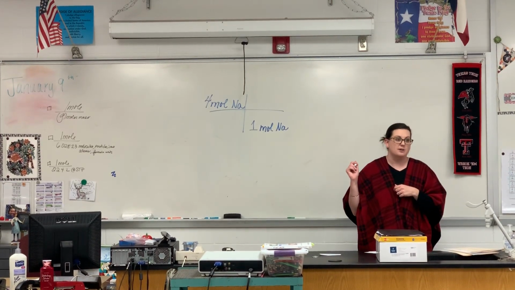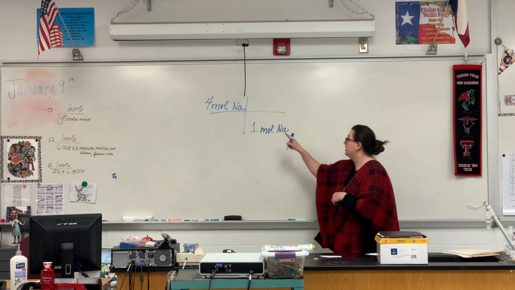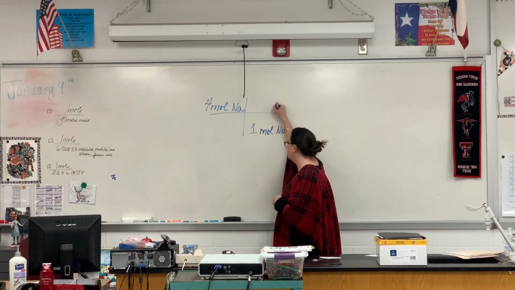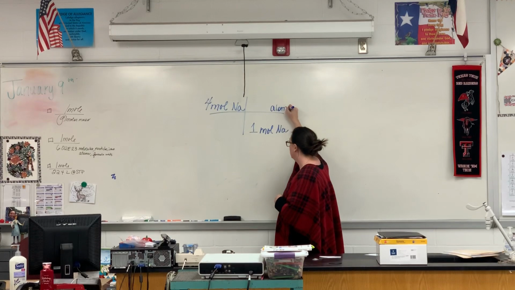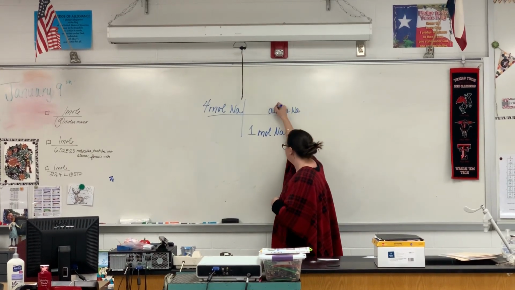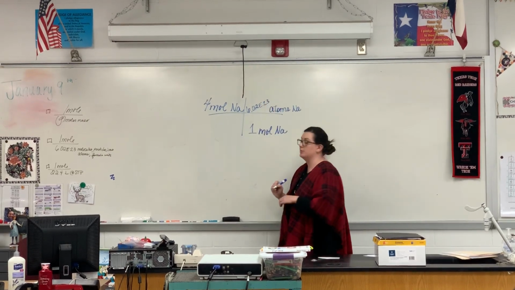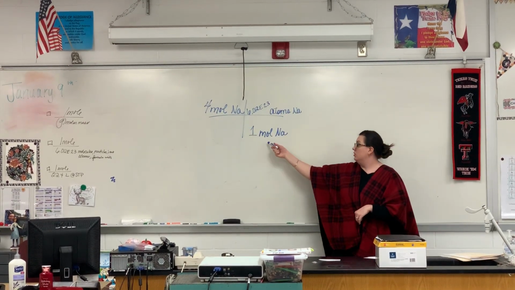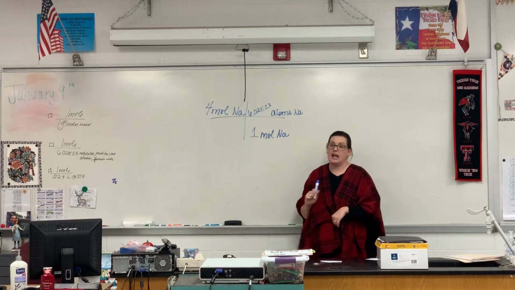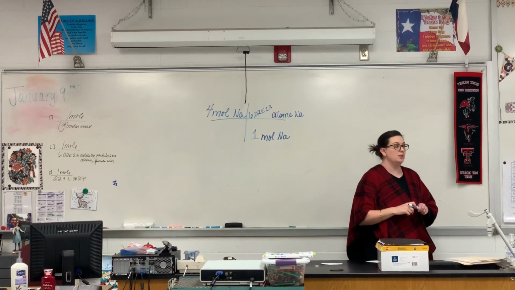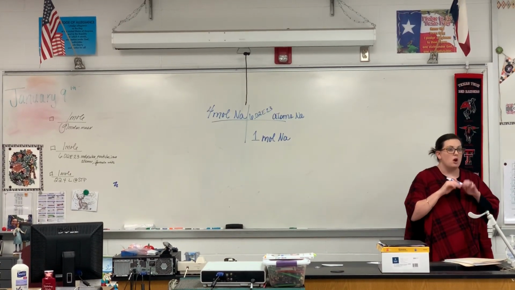I asked you for atoms. So what you want goes on top. What number goes next to the word atoms? Avogadro's number, because 1 mole of anything equals that many atoms: 6.02 E23 atoms. Always and forever.